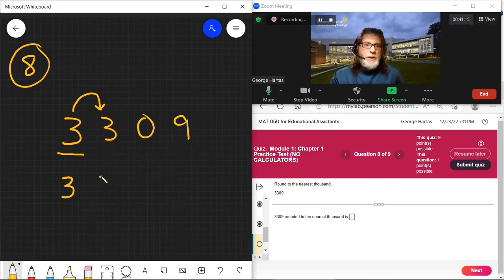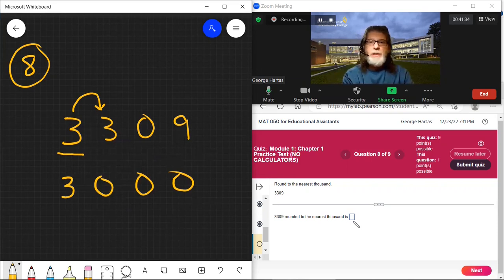So this 3 becomes 0, this 0 stays as 0, this becomes 0. Another way of looking at it: 3,309 is closer to 3,000 than it is to 4,000. So let's type in 3,000.